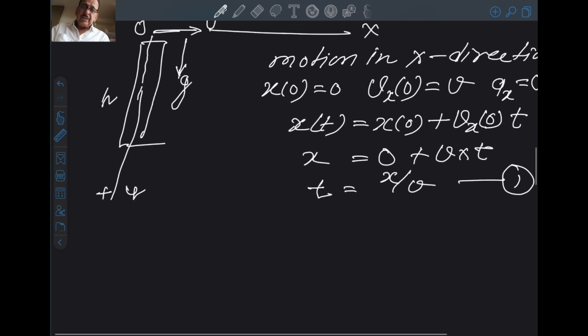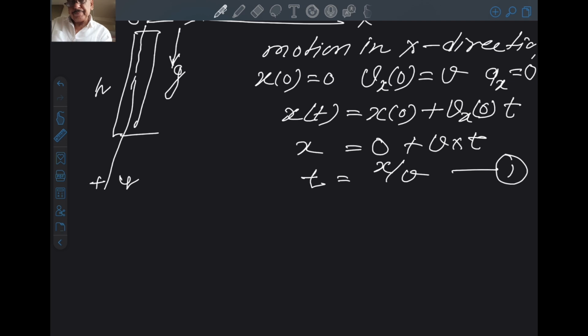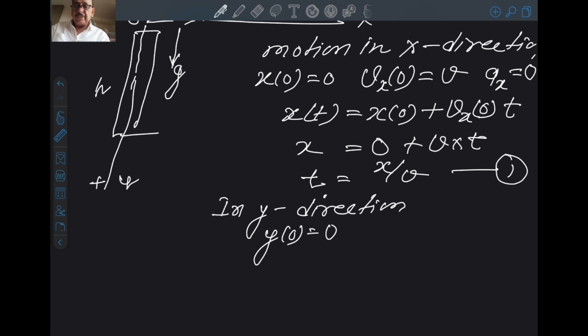Now come to the next point, the y direction. In the y direction there is an acceleration due to gravity. Let us start. y0 is 0 because it starts from the origin. vy0: initially the object does not have velocity in the y direction, so it is 0.